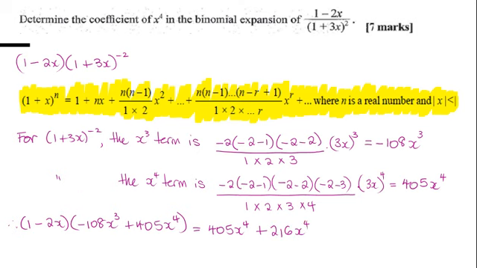And I can also ignore negative 2x times the 405x to the 4, because that would give me an x to the fifth term, which is not required for the question. So what we do now is to just add these, and we end up with 621 x to the 4, which means the coefficient that they have asked for is 621.